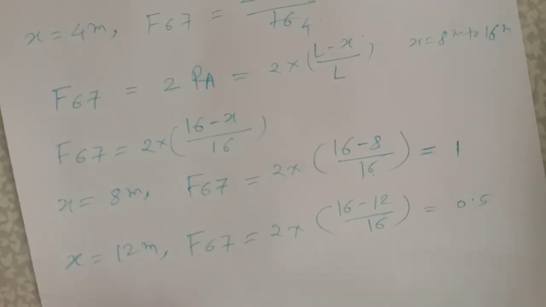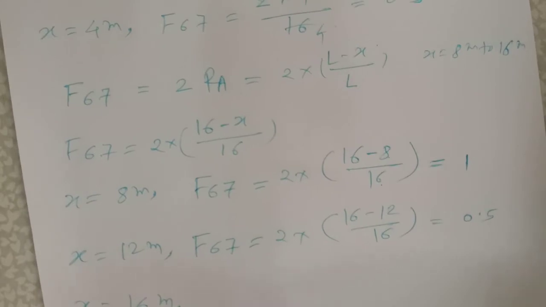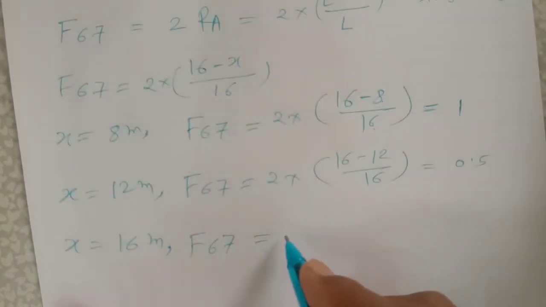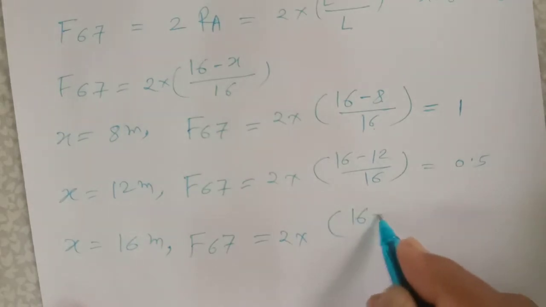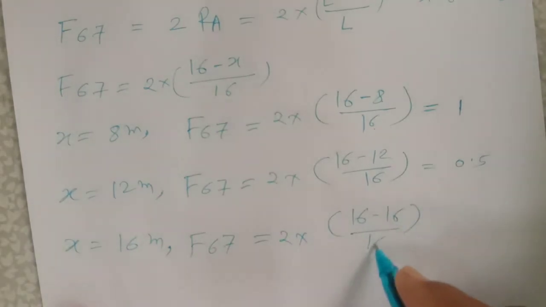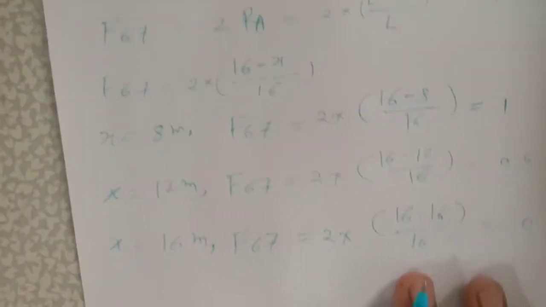Okay, and last, when I put x is equal to 16 meter, that is A and B, we get force in member 6, 7 is equal to 2 multiplied by 16 minus 16 divided by 16, so it is 0.